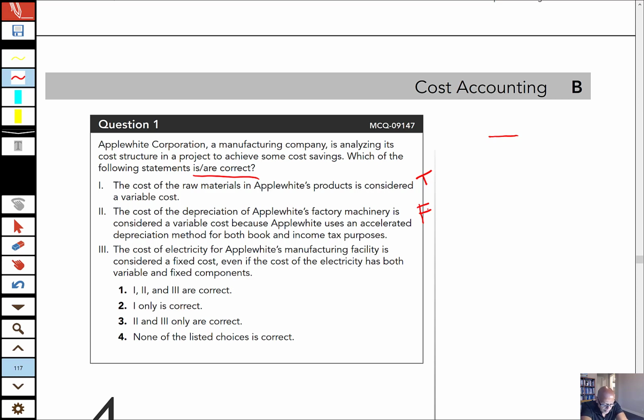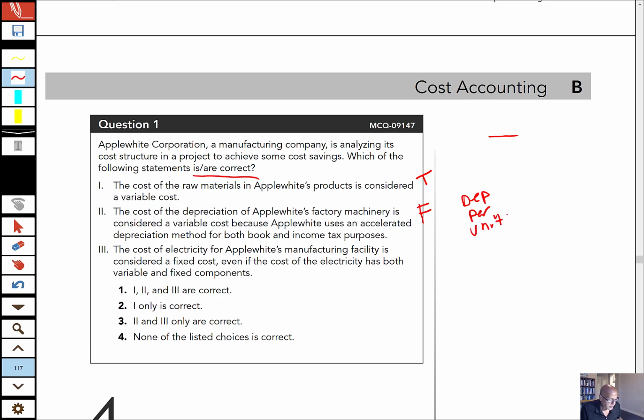The only way I could see depreciation maybe being variable would be if we were using a units of activity approach for our depreciation. So we would have the depreciation per unit per level of activity, right?